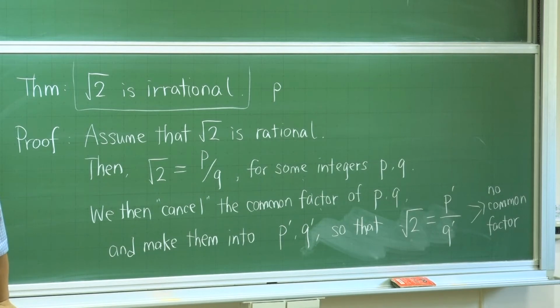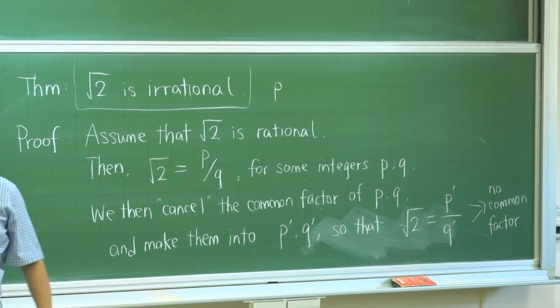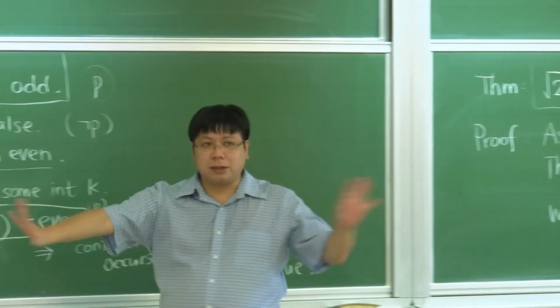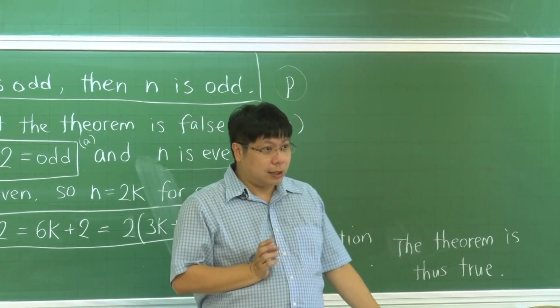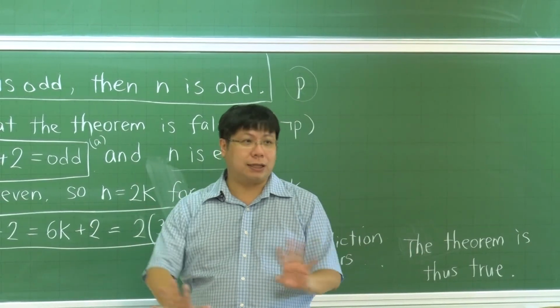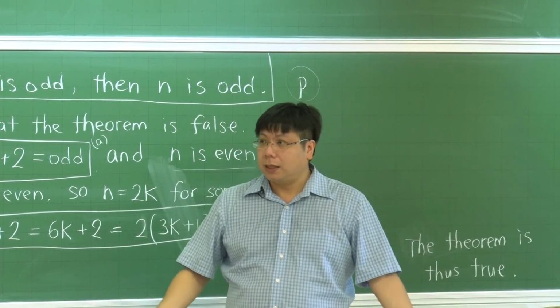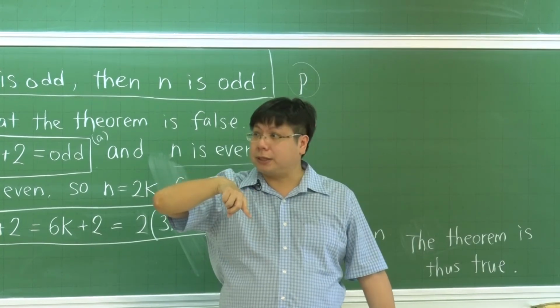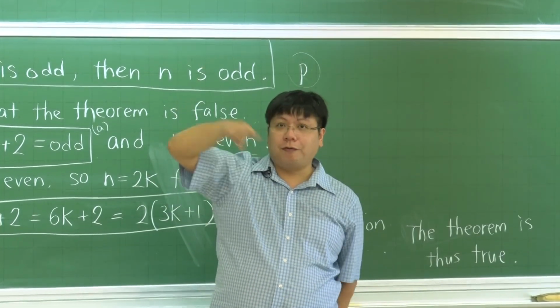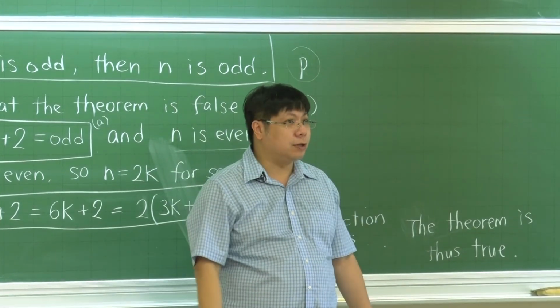You understand my point? For instance, suppose that someone magically tells me that square root 2 is equal to 12 over 20. I don't know why this is correct, but let's say 12 over 20. Then we find out what the common factor between 12 and 20 is. Maybe it is 4. So we take out 4 from both parts, and we make it into 3 over 5.